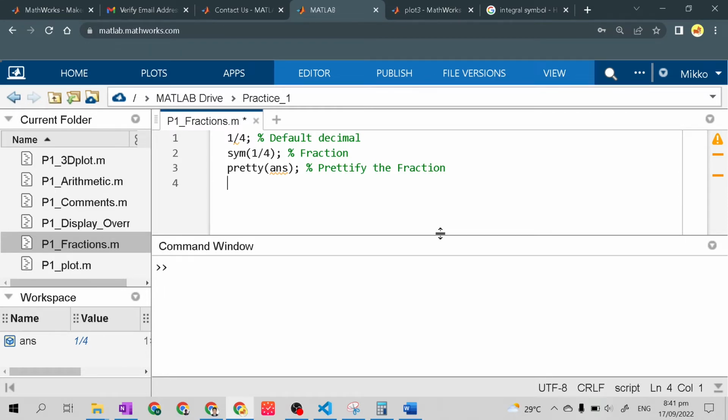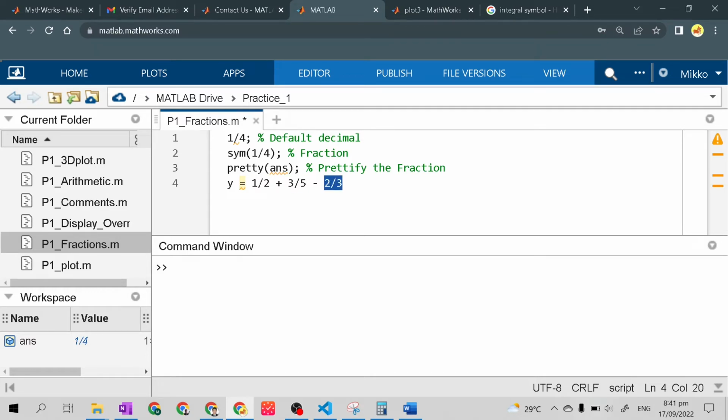Let's say y is equal to 1/2 plus 3/5 minus 2/3. MATLAB understands that these are fractions.